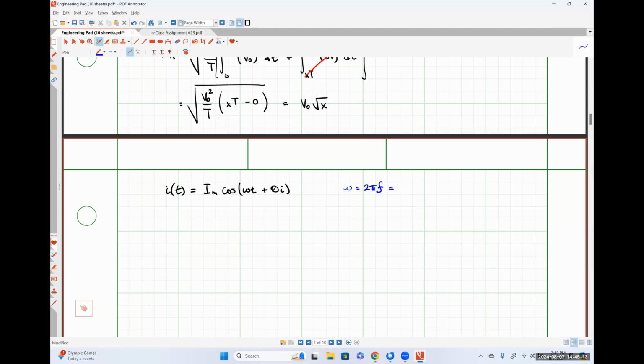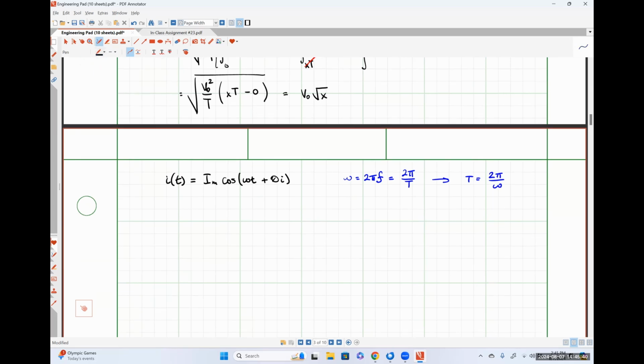And we also know that the linear frequency f is the inverse of our period. So that's going to look like 2 pi over T. Rearranging this, our period is then 2 pi over omega.